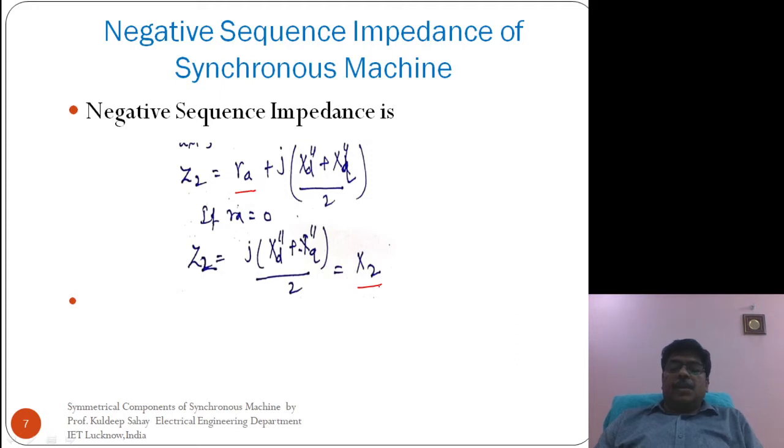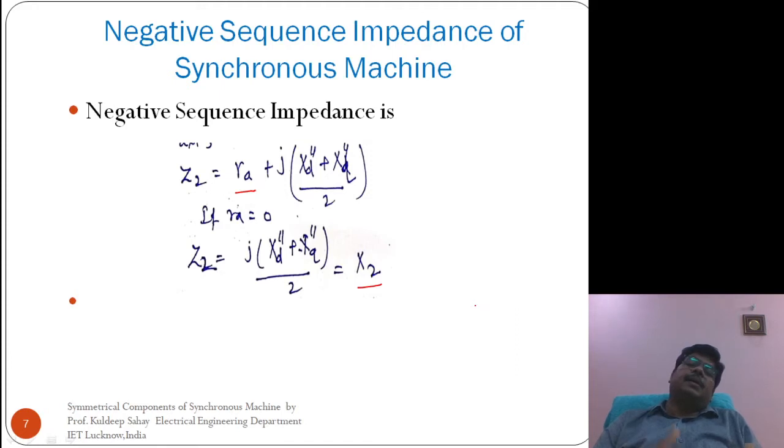To determine the negative sequence impedance, what one can do is short-circuit the field and pass current from the armature side at a lower value, so that it is opposite to the reference sequence.